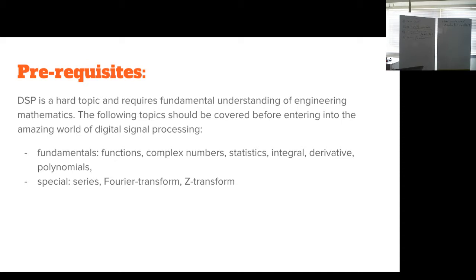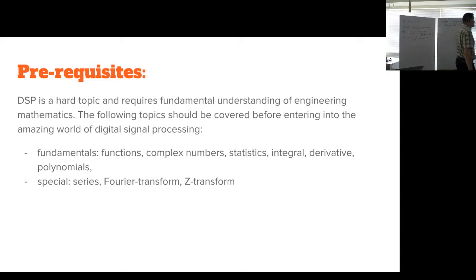Some things that help you on the way are some mathematic tools like fundamentals about functions, complex numbers, statistics, integral, derivative, polynomials, maybe. I would say polynomials, yes, and complex numbers, yes. The others are nice. Well, of course, functions overall, what functions are.